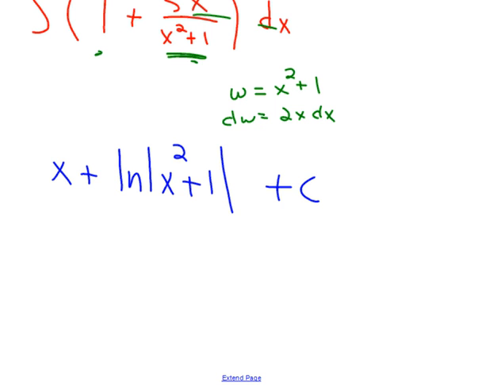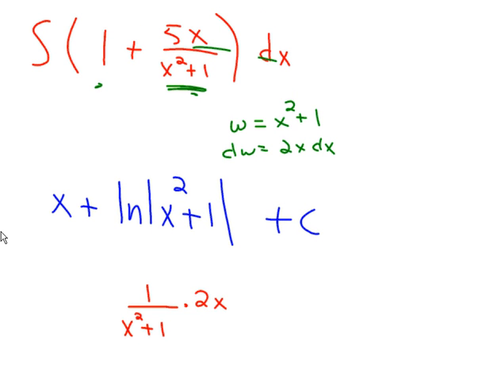Now I have to sort of figure out my constant. If I take the derivative of ln of x squared plus 1, I'm going to get 1 over x squared plus 1 times the derivative of x squared plus 1, which is 2x. That's really close to what I had, but I want a 5, and I don't want the 2. So to get the answer that I want, I need to multiply this by 5 halves, which means I need to insert 5 halves right there.